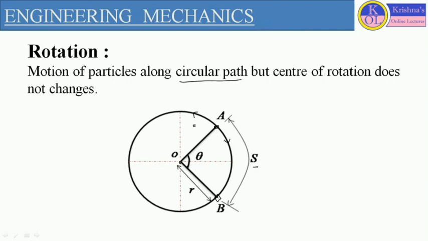That is why we consider the motion of the particle along the circular path and the center of rotation does not change. So this is about rotation, and this is the basic difference between rotation and curvilinear motion. In curvilinear motion, the center of rotation can change, but in rotation, the center of the curved path does not change. So this is about rotation.